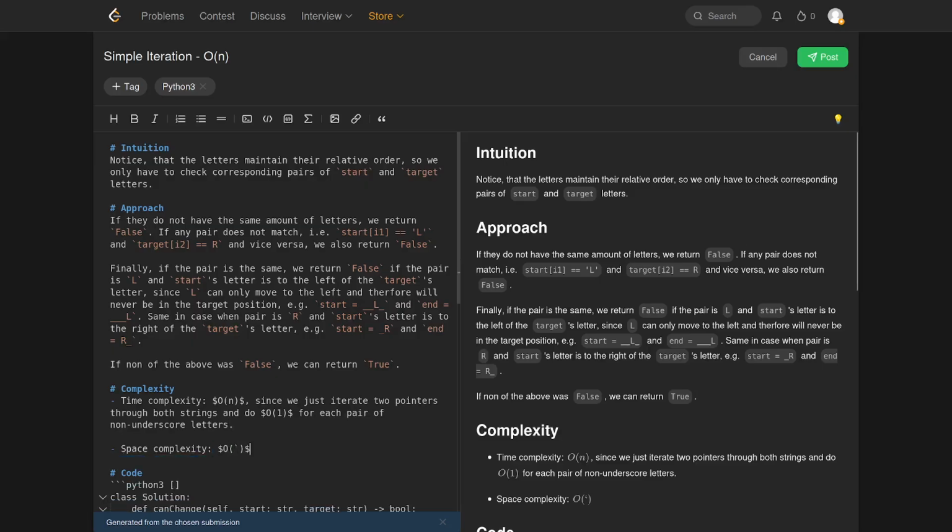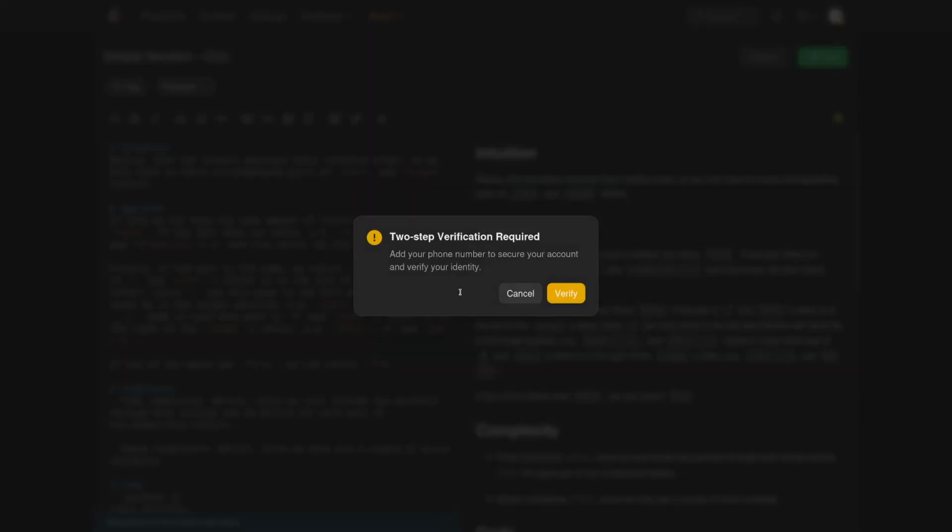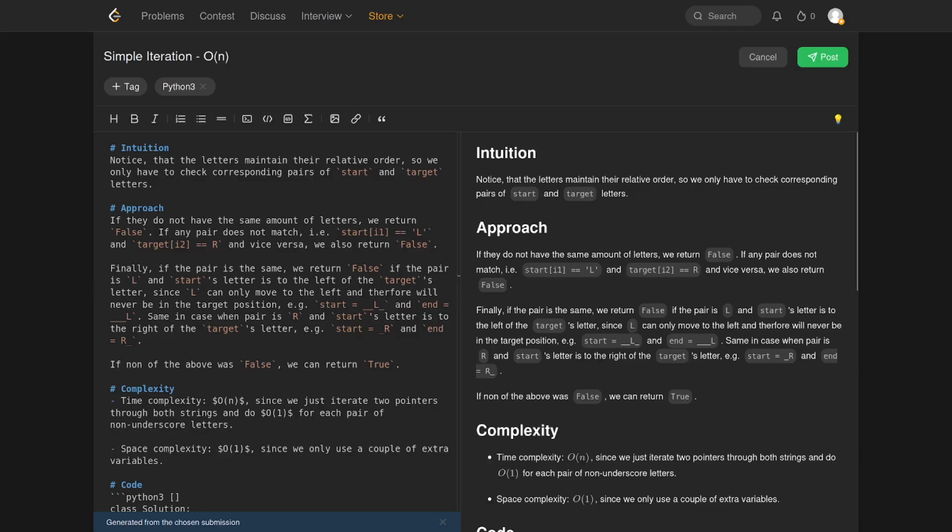Space complexity is O(1), since we only use a couple of extra variables. Okay, goodbye.